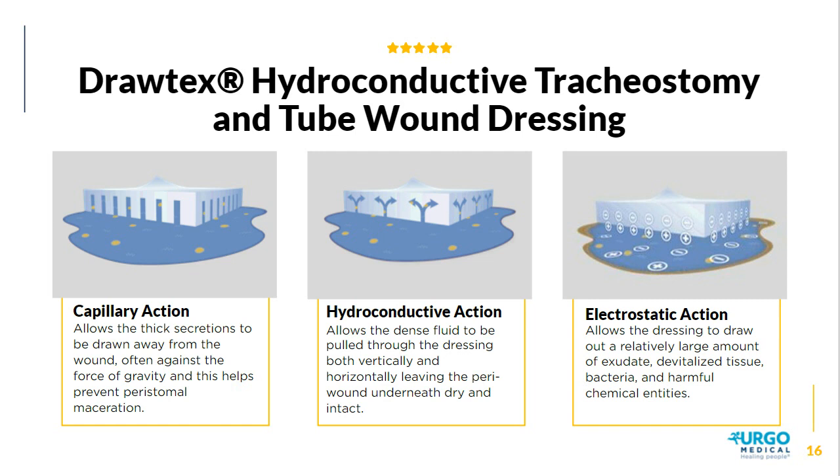The dressing pulls fluid vertically and horizontally through the dressing while leaving the skin underneath dry and intact. Lastly, Dratex has an electrostatic action. It draws out wound exudate, secretions, devitalized tissue, bacteria, and harmful chemical particulates.